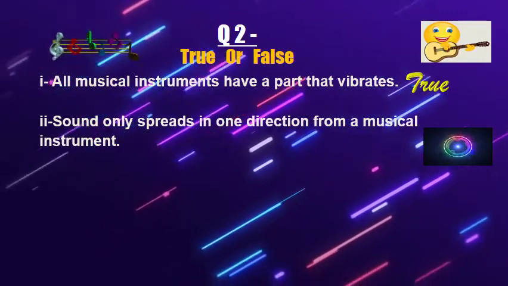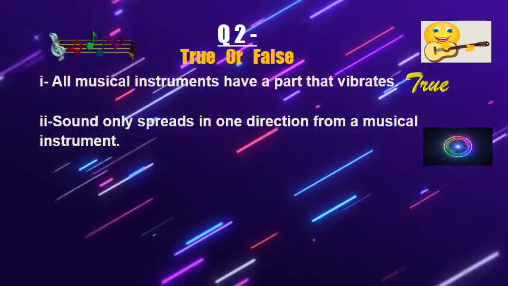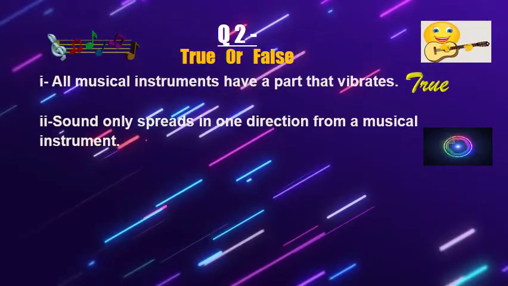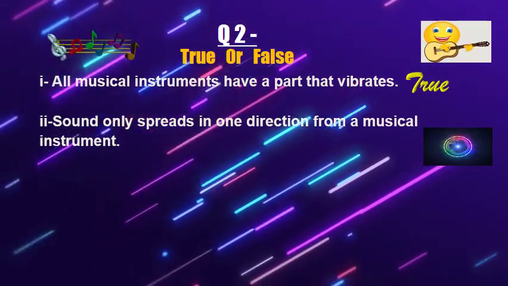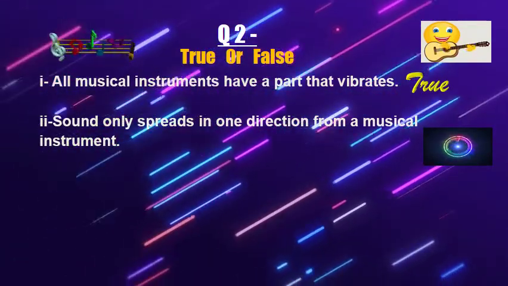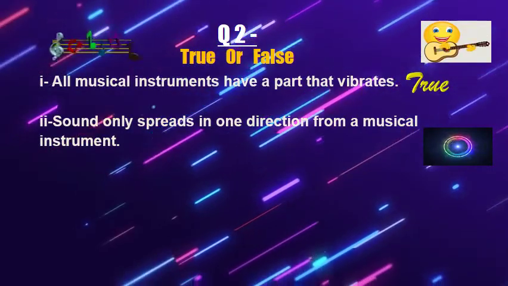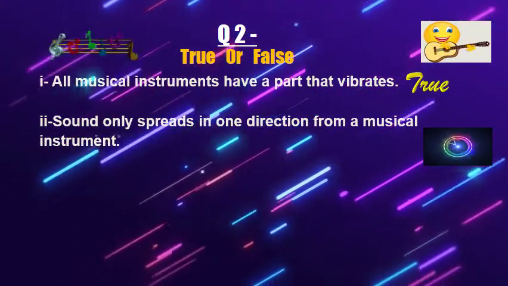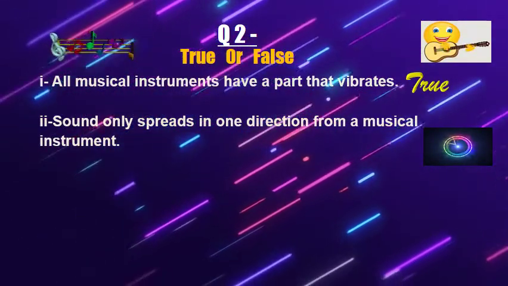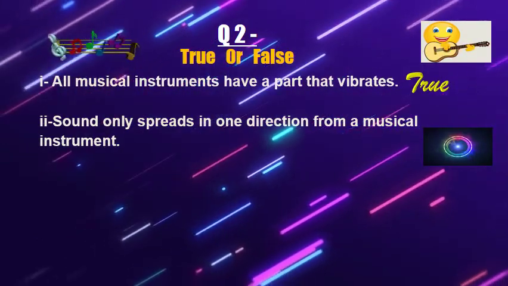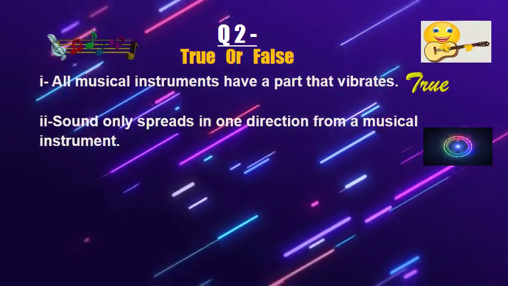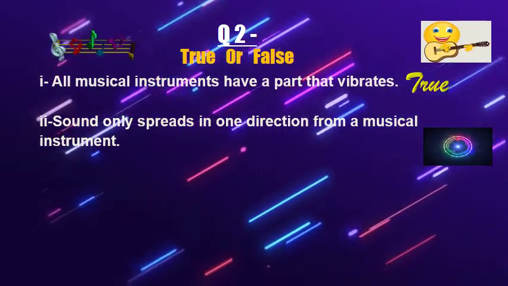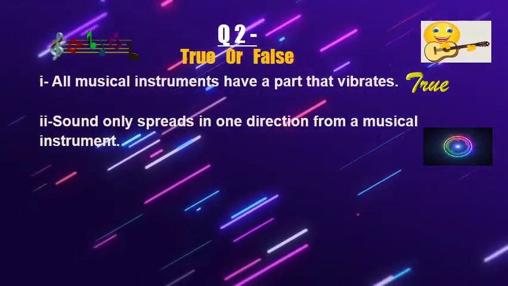Sound only spreads in one direction from a musical instrument. So sound, when it spreads, moves in all directions. Because if it were spreading in one direction, only the person sitting before the musical instrument could hear the sound.